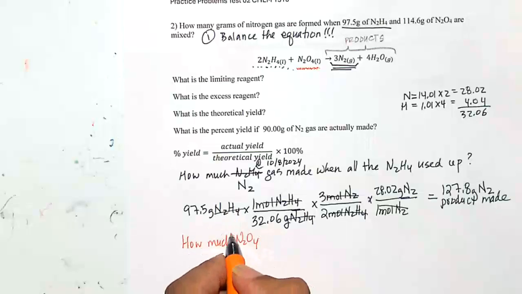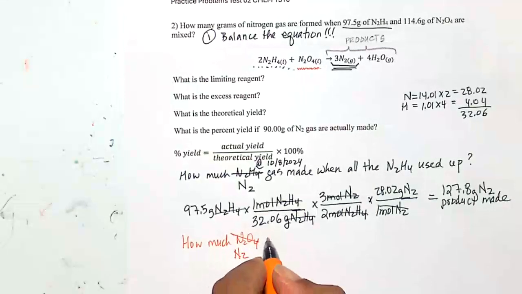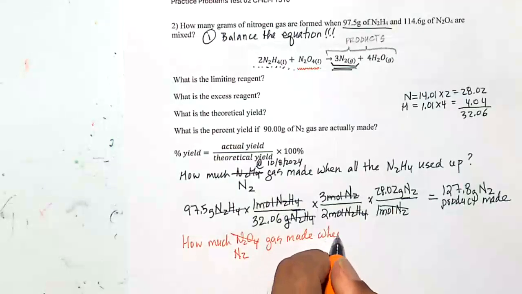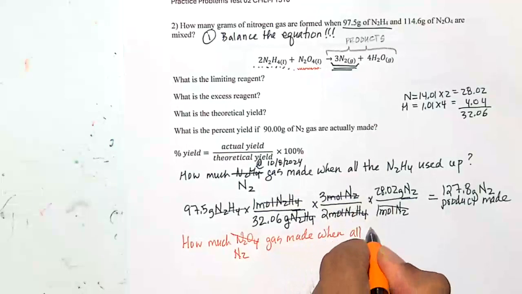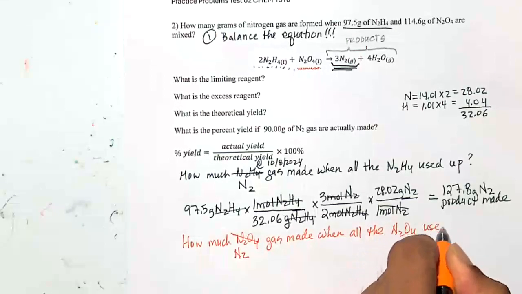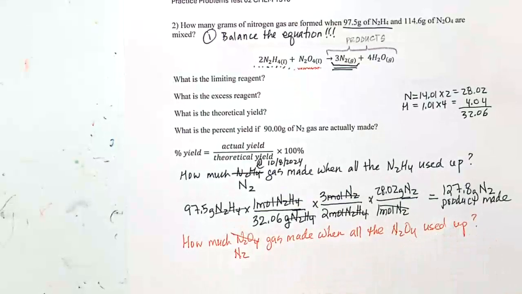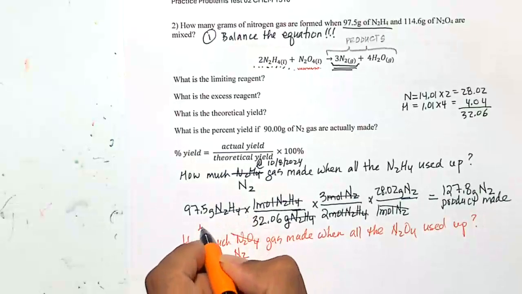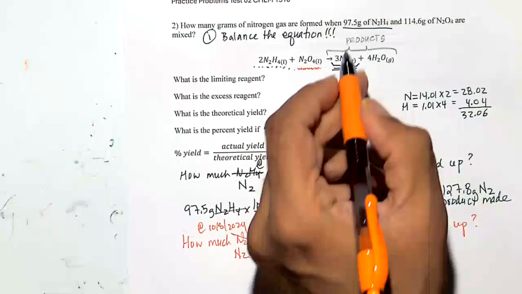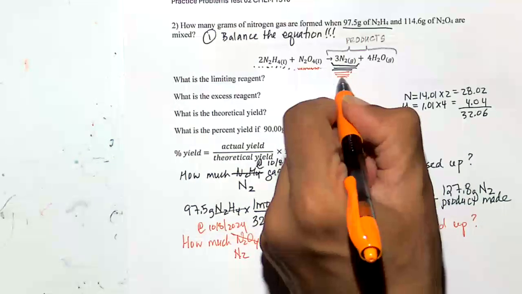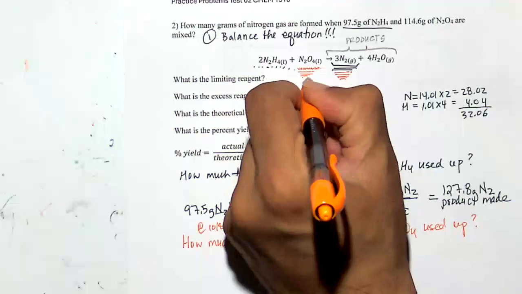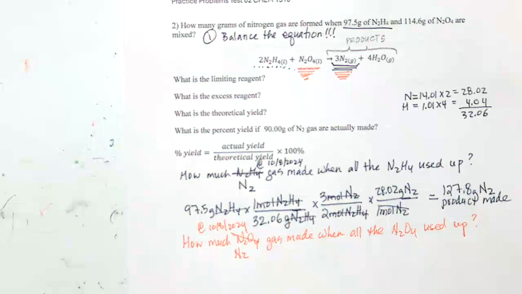How much N2 gas is made when all the N2O4 is used up? How much of this is made when all this reactant is used up?